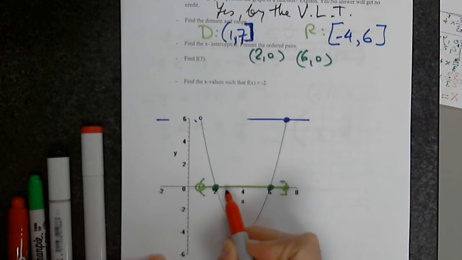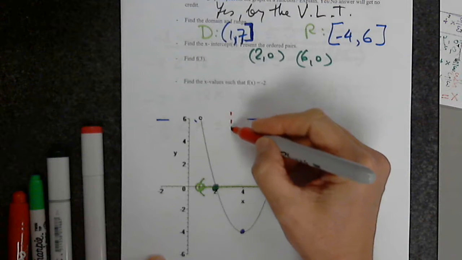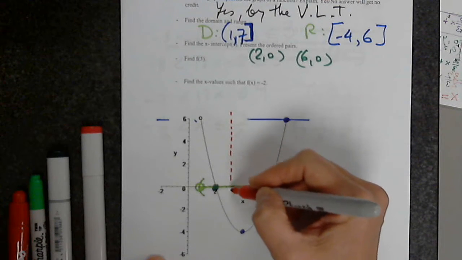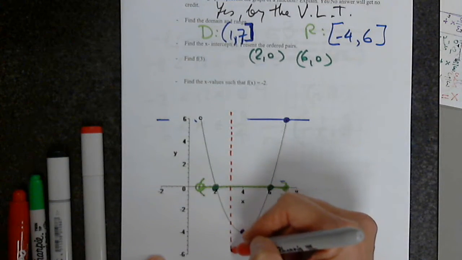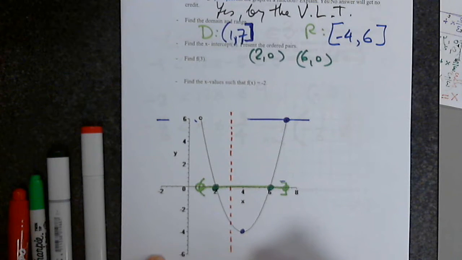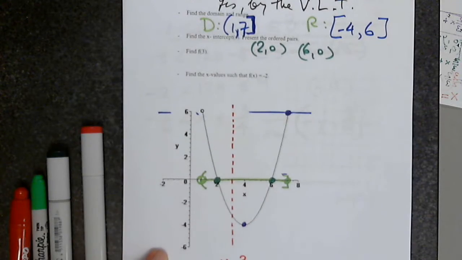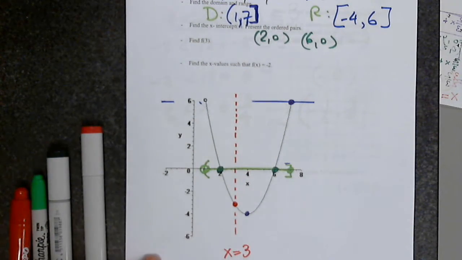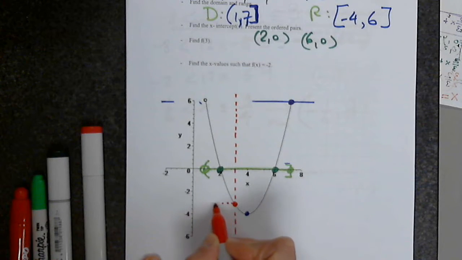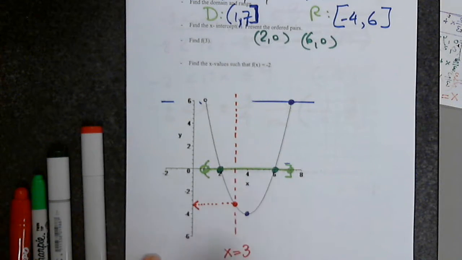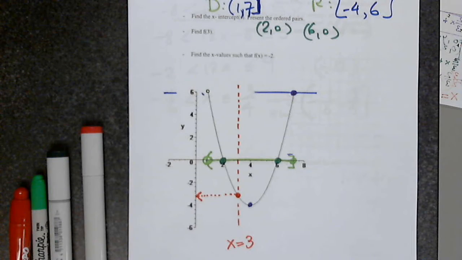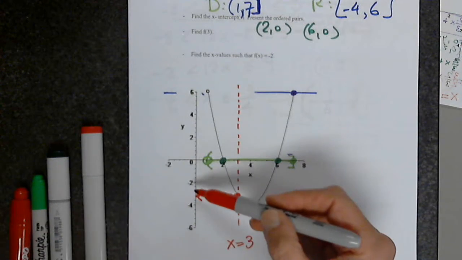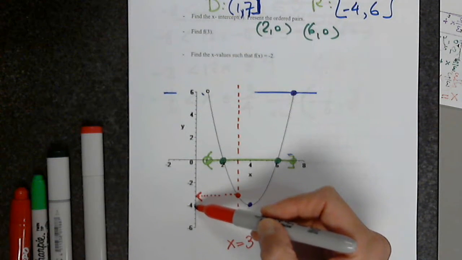So somewhere between these two, 1, 2, 3, 4, so right here, I draw the line x equals 3. I see it crosses the graph in some point, and I will correspondingly read the y value, and that will be f of 3. So 1, 2, 3, 4, right?